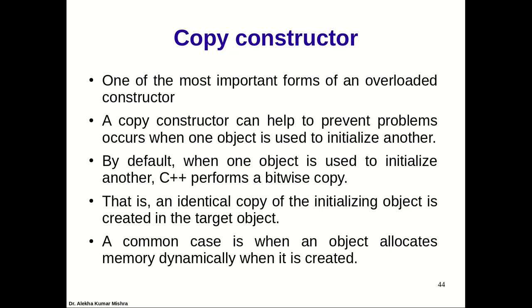So what is that problem? Let me tell you first: if your class contains members that are simple variables, not holding any address, then there is no problem at all.